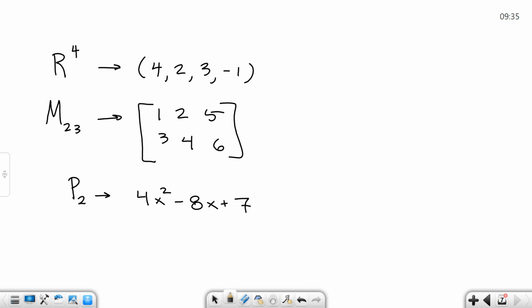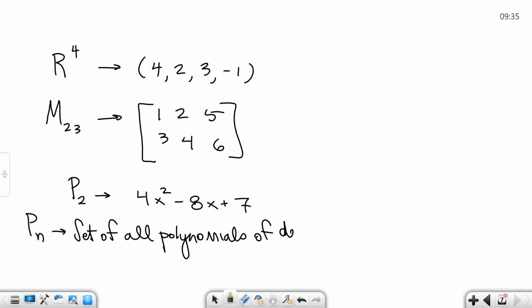So what's Pn? Pn is the set of all polynomials of degree n or less. Now that "or less" ends up being a big deal later on.